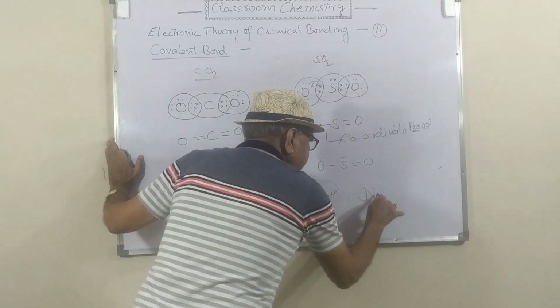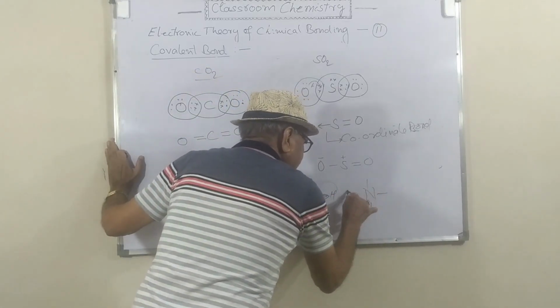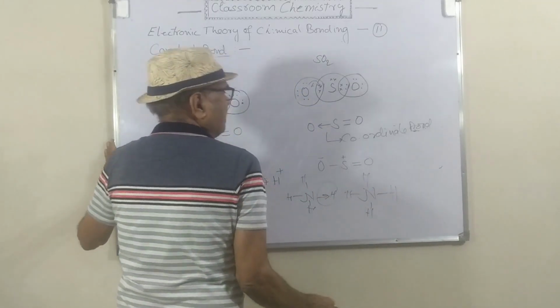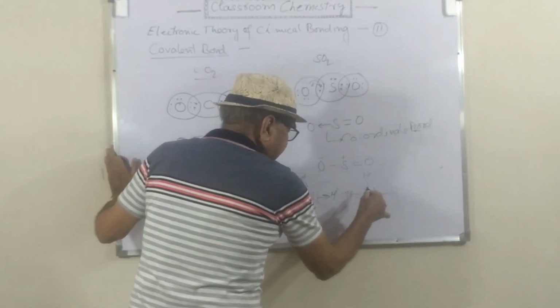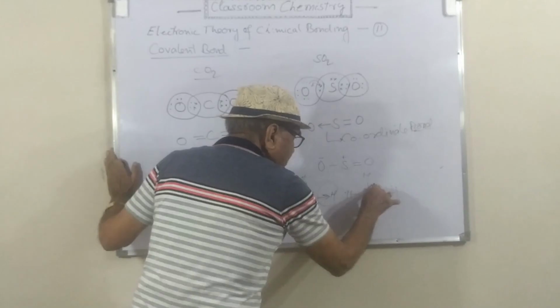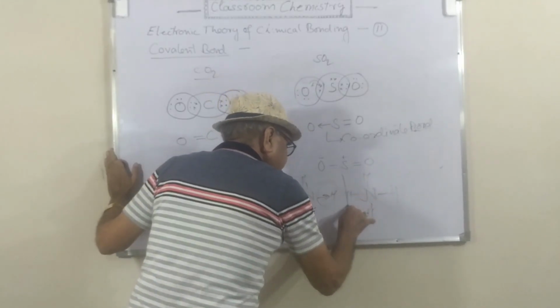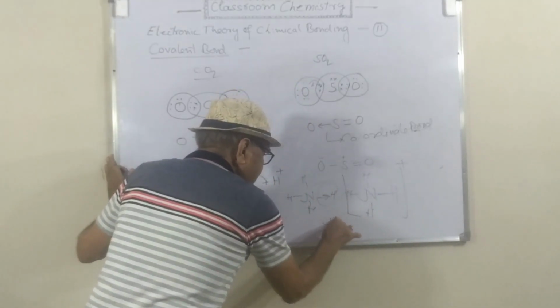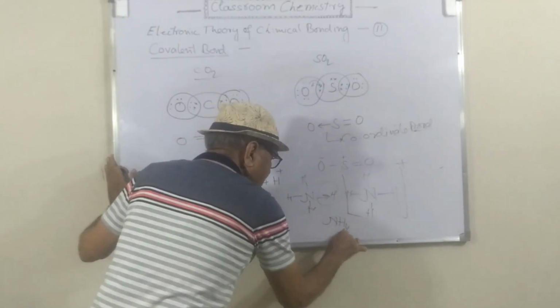You will say this is H and H and H, and again this nitrogen has a positive charge. This is the structure of NH4 positive.